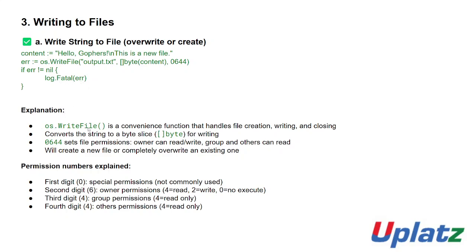Explanation: os.WriteFile is a convenience function. It handles file creation, writing, and closing. You don't need to do explicit closing here; closing is implicit. It converts the string to a byte slice for writing.